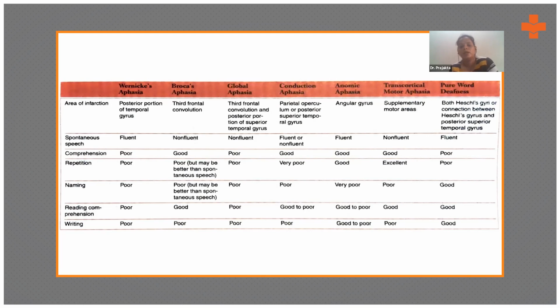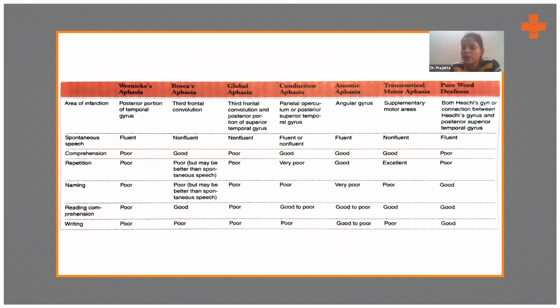It is good even in motor and sensory as compared to Broca's or Wernicke's aphasia. So that is how you differentiate transcortical from Broca's or Wernicke's. Naming is poor, reading is good, but writing is again poor.